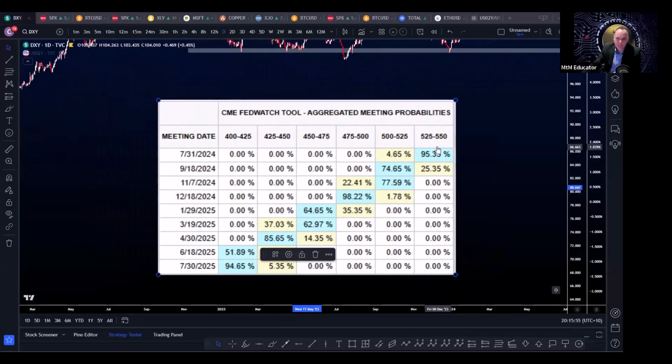This is the expectation right now of what the Fed will do with rate cuts. Once the CPI data comes through tonight, over the next 24, 48, 72 hours this will update and show a change in expectations.